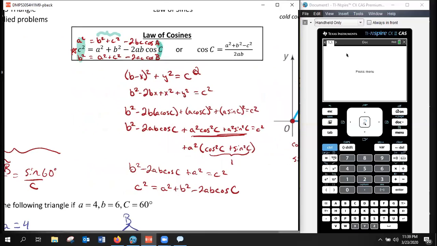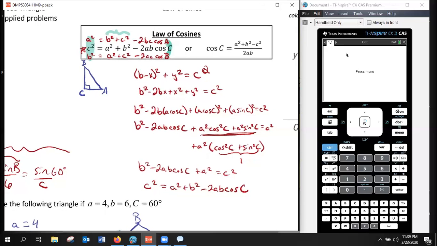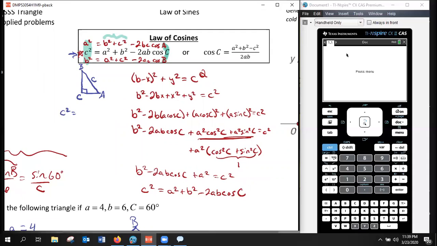Now, a very cool note that we can add here, and I'm going to show this in blue right here. What happens if we really had a right triangle? Let me draw my right triangle, and let's call angle C that 90-degree angle. Let's call this A, let's call this B. If I'm using this to find side C, then c squared would equal a squared plus b squared minus 2ab cosine of 90 degrees, and everybody, the cosine of 90 degrees is 0.